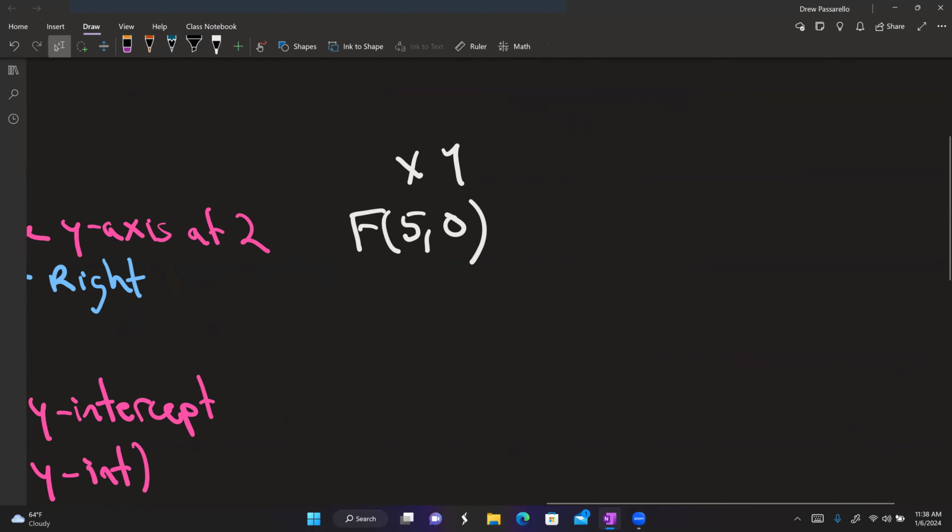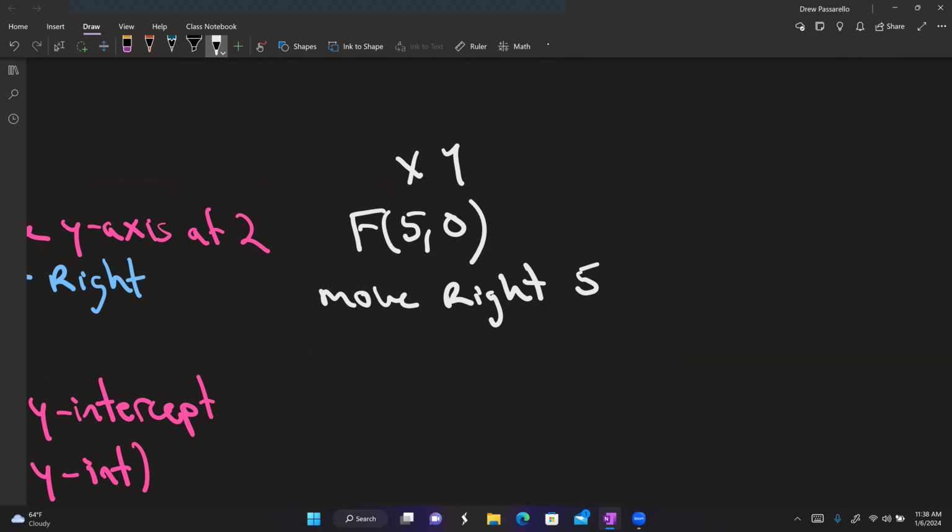Because x is a number that's not 0 and it's positive 5, I'm going to be moving from the center or the origin 5 units to the right. So move right 5 units. And notice it's 0 for the y coordinate. So you're not going to move up or down.